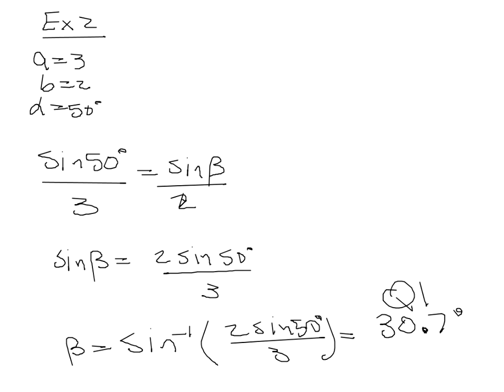This is the Q1 angle. Okay. What about the Q2 angle, the second quadrant angle? So what we do is we take 180 minus the answer we just found, and we get the second quadrant angle is 149.3. Okay, now what do we do with that information?